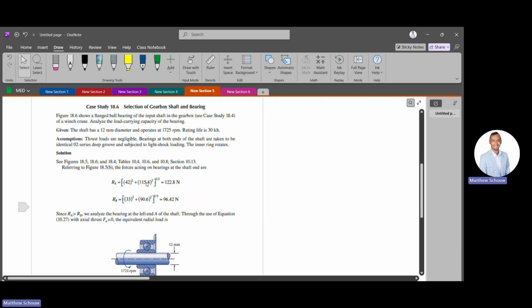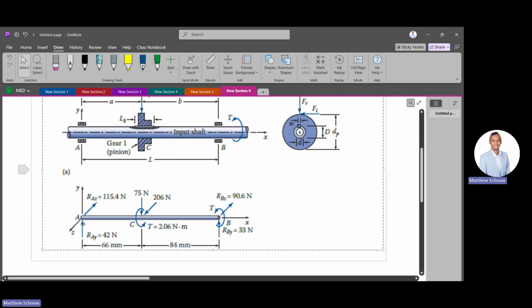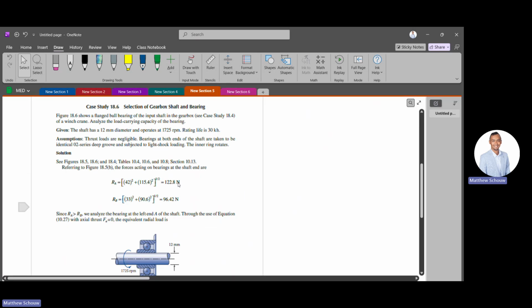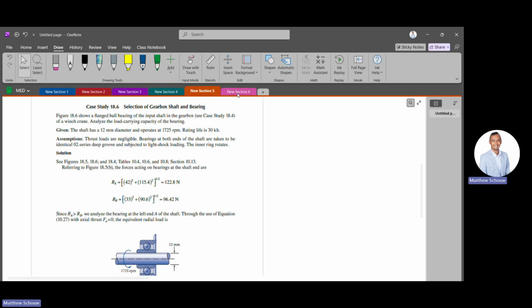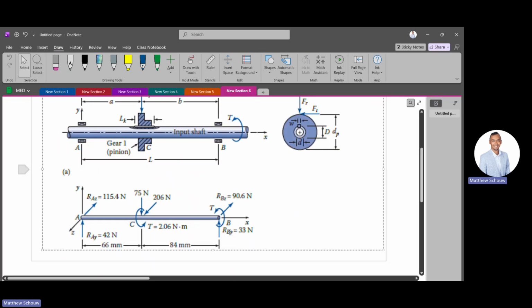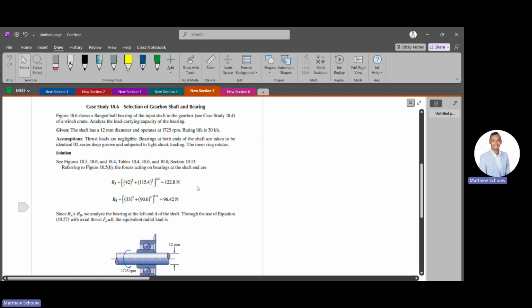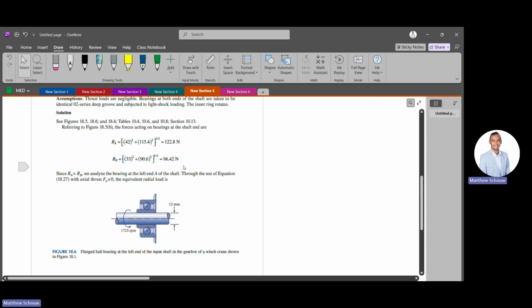We do that over there. That's fairly simple, right? 42, 115.4, we get that answer of 122.8. We do the same for RB. On that side, all the forces acting on the bearing, I'm sure you remember the vertical and horizontal. We find those forces. Once we get that, we find the resultant of those two.